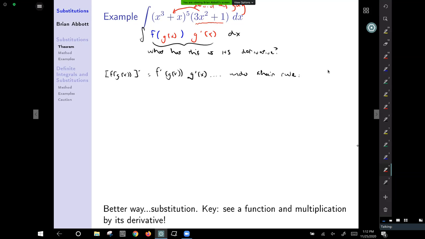So 3x squared plus 1 is in fact the exact derivative of x to the third plus x. So down here, we're going to say, all right, our inside function, g of x, you can just straight up identify as x to the third plus x, and then g prime of x as 3x squared plus 1.